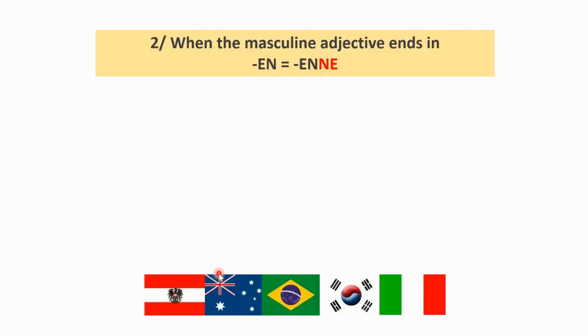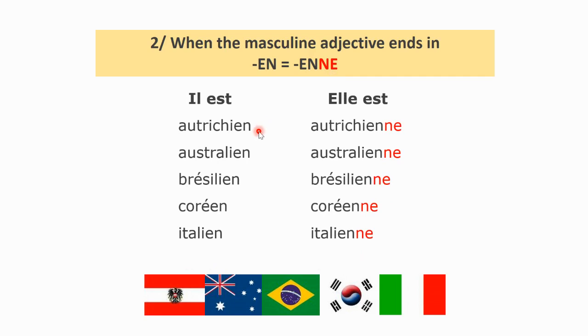The second rule, when the masculine adjective ends in en, what you do is you add another n and then you add the e to make it feminine. Let's have a look at some examples. Listen to my pronunciation. Il est autrichien.